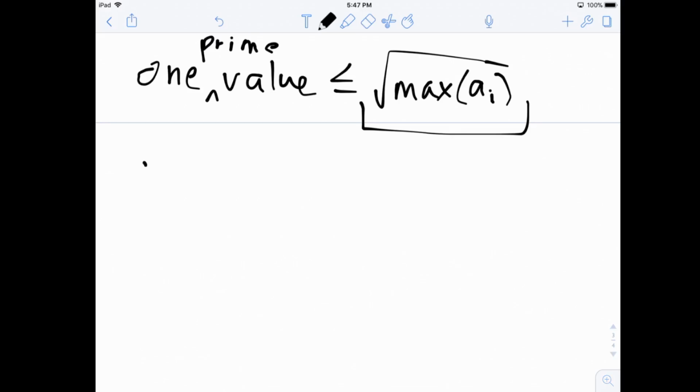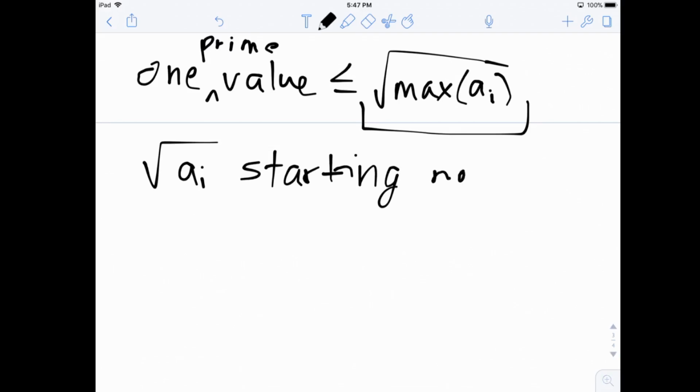So now we have square root of AI starting nodes, because one of these is guaranteed to be in the cycle. And it doesn't matter which node you start with. If the node you start with is in the cycle, then you will find the cycle, regardless of where you start. Okay, so this is 10 to the power 3.